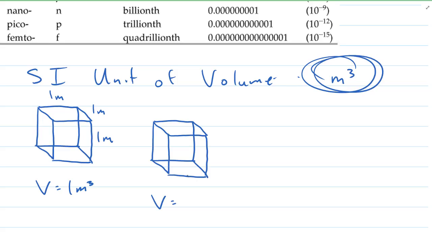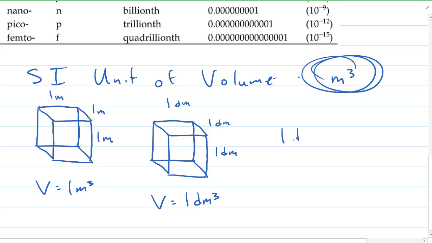So if we come back to this box and look at it, again, it's showing 1 decimeter by 1 decimeter by 1 decimeter. This box has a volume of 1 decimeter cubed. And it turns out we've redefined a cubic decimeter as being 1 liter.